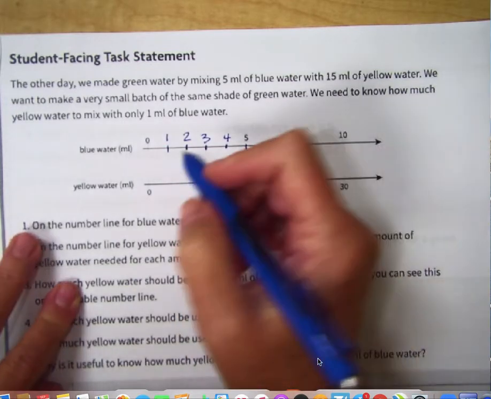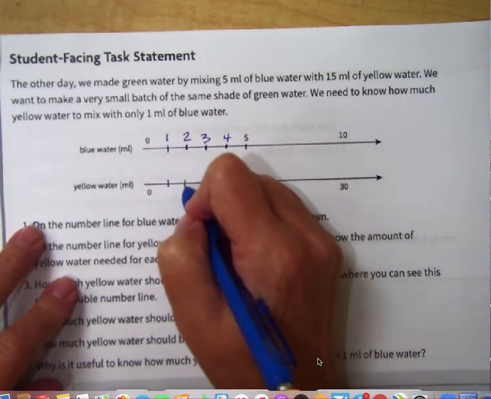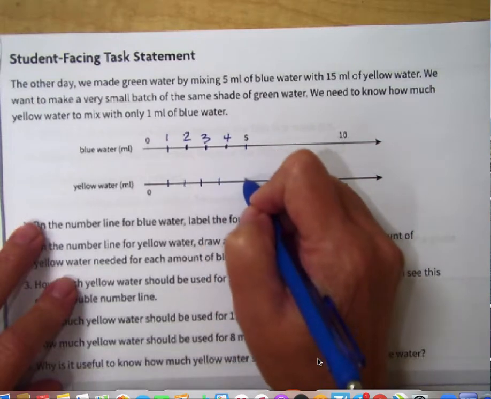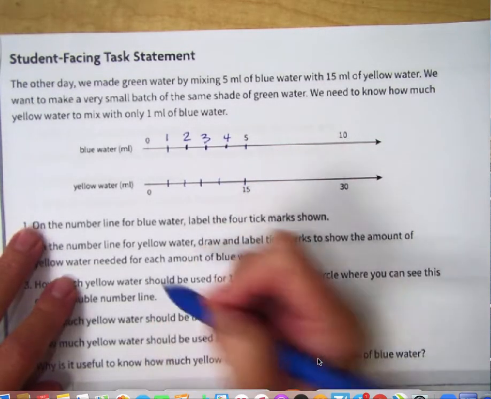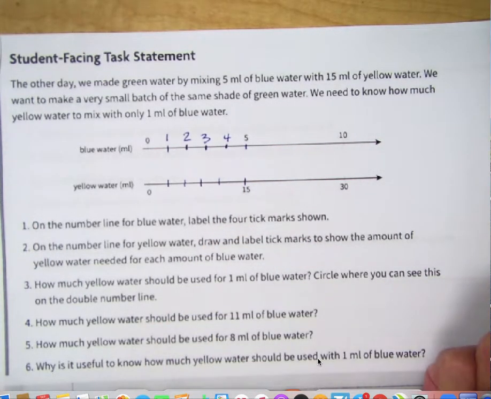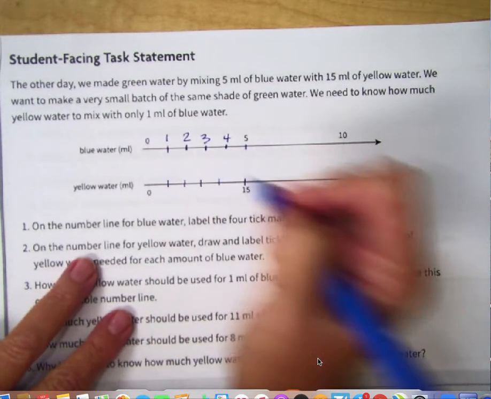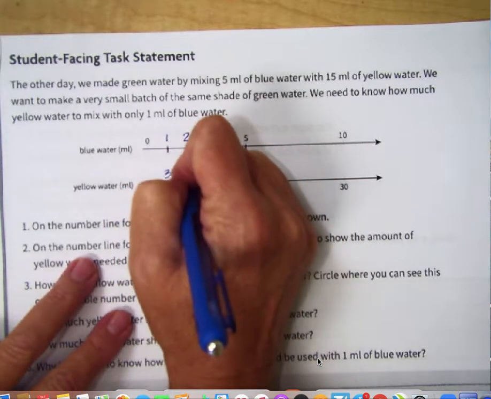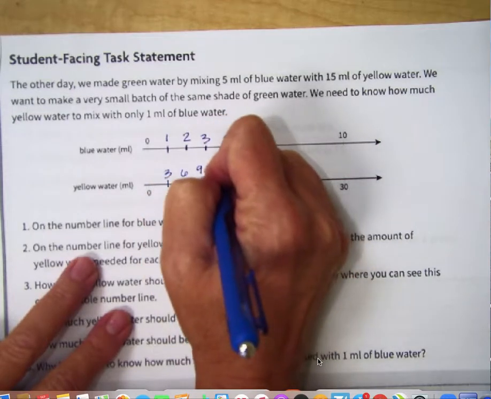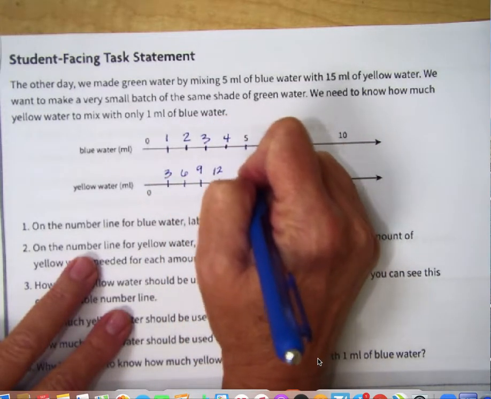Yeah. I've got the same thing here. 1, 2, 3, 4, 5. So what's 15 divided by 5? 3. 3, 6, 9, 12, and of course 15.